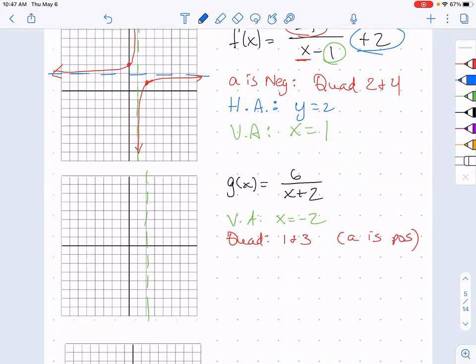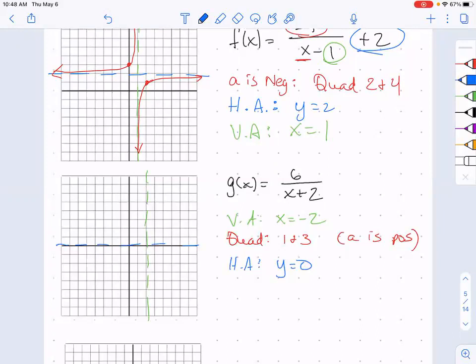We don't have a vertical shift, so the horizontal asymptote is in its standard location, which is y equals 0. It is the x-axis. The range is all real numbers except 0, and the domain is all real numbers except -2.